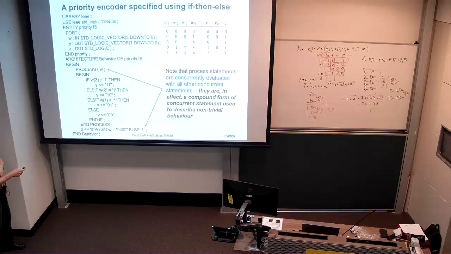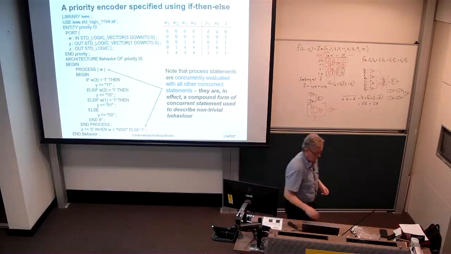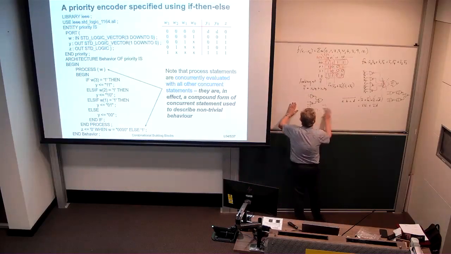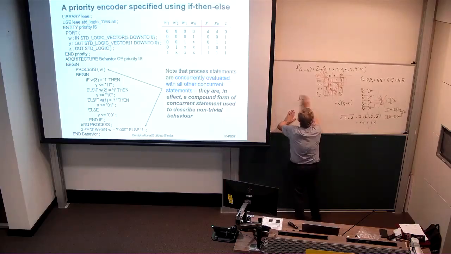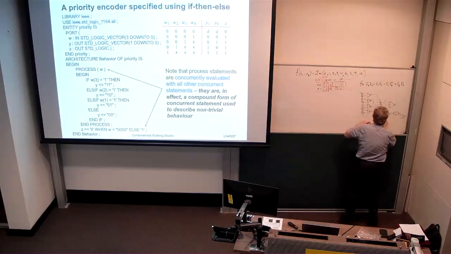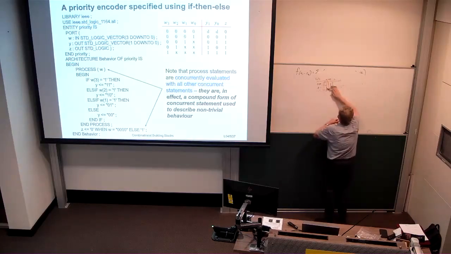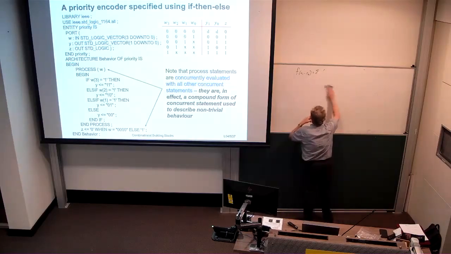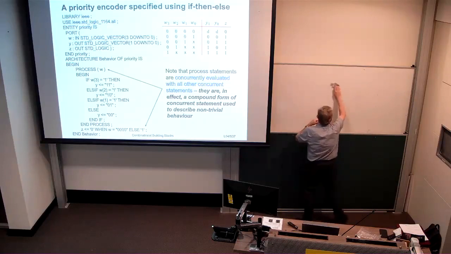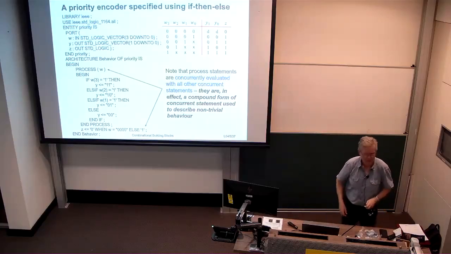Can you imagine what this circuit looks like? Does anybody have an idea what that circuit looks like? Remember our code for the 2-to-1 mux? What did that look like?